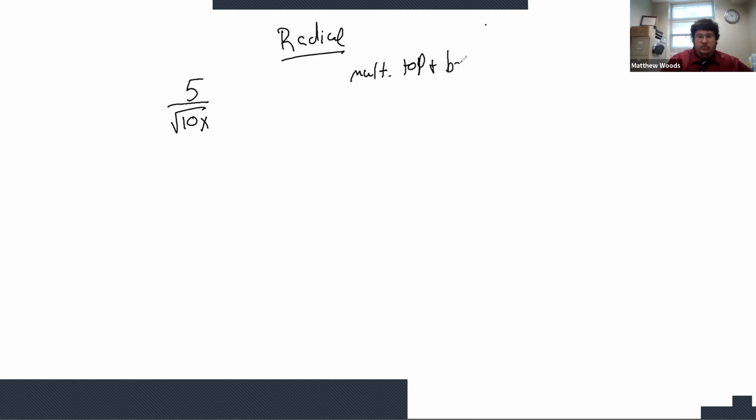The other condition, remember, is with a radical. So that's something like this, 5 over the square root of 10x. In this case, I'm going to multiply top and bottom by the radical.